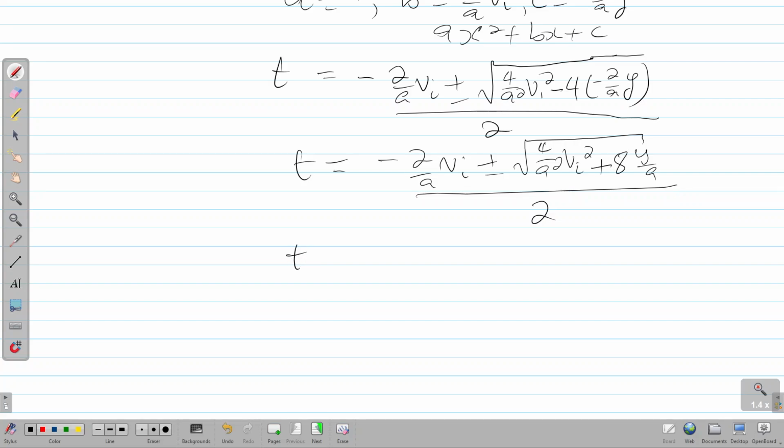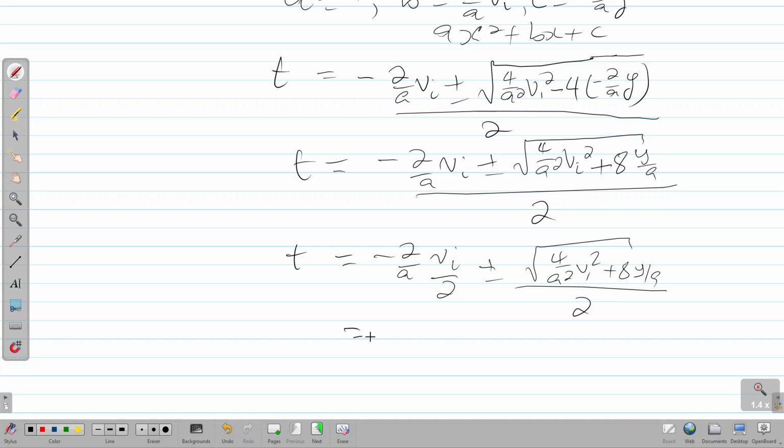So there's two solutions, obviously, t1 and t2. I'm just going to write t. So that is equal to minus 2 over a v initial, all divided by 2, and then plus minus the square root of 4 over a squared v initial squared plus 8y over a divided by 2 as well.